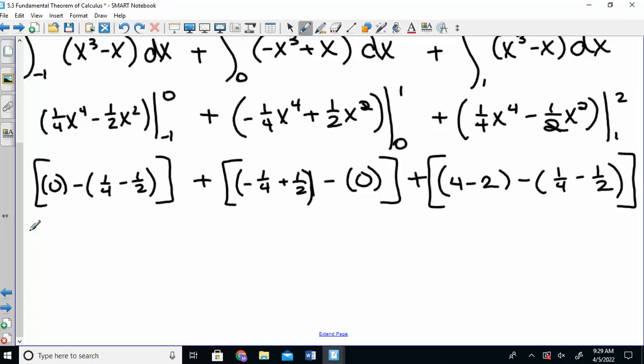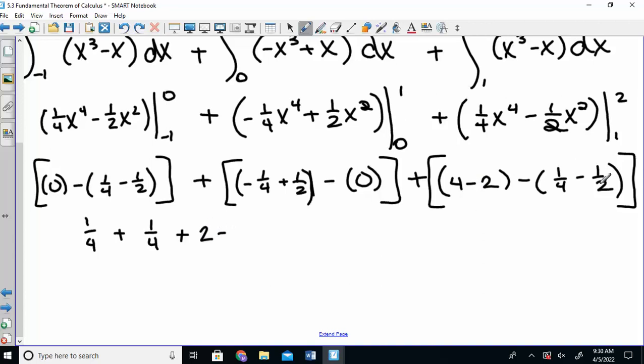Any questions right there? So we have, let's see, -1/4 minus 1/2 would be -1/4. So minus negative would be a positive 1/4. Here we get a positive 1/4.